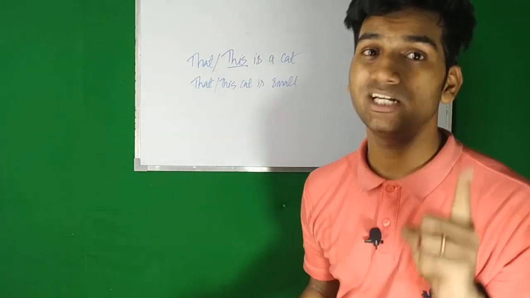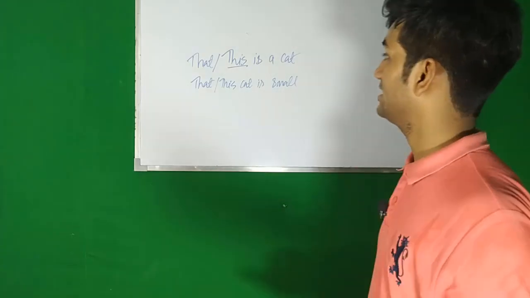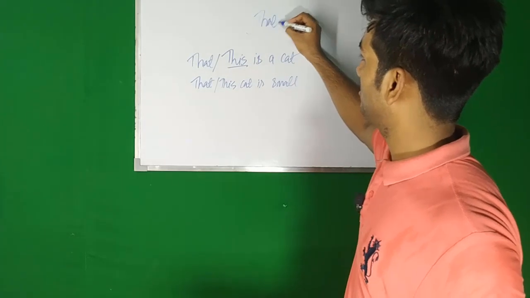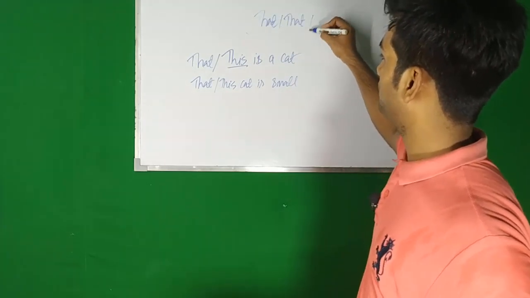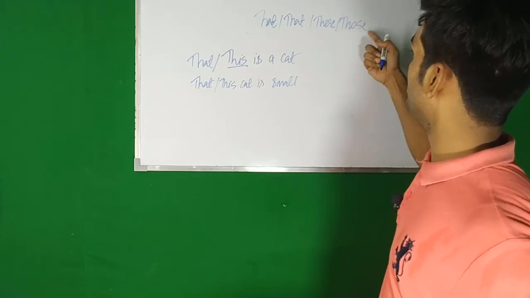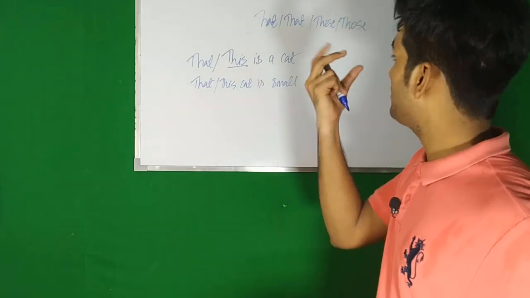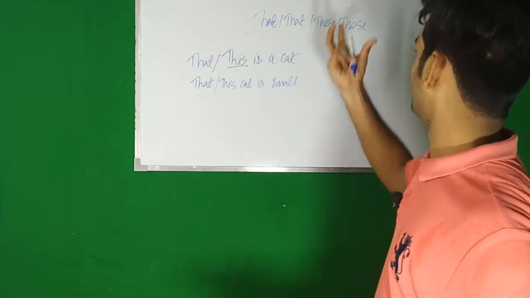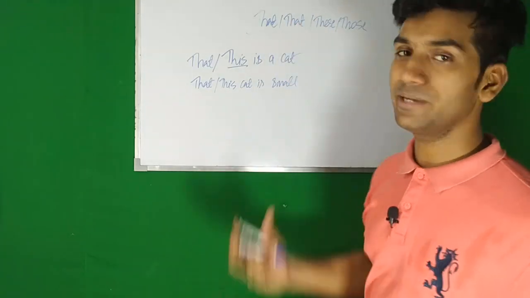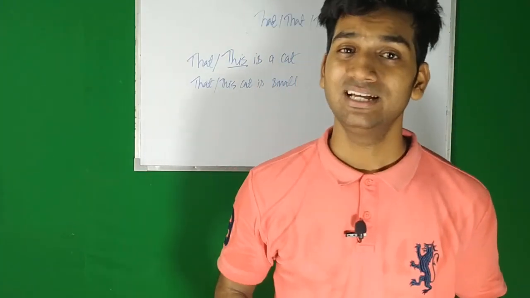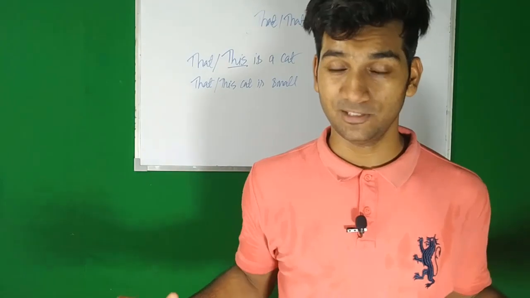We do not use a noun after a demonstrative pronoun. So this, that, these, those. If we do not use a noun after them, they become a demonstrative pronoun. And if we use a noun after these words, these become a demonstrative adjective. This is the difference between demonstrative adjectives and demonstrative pronouns.